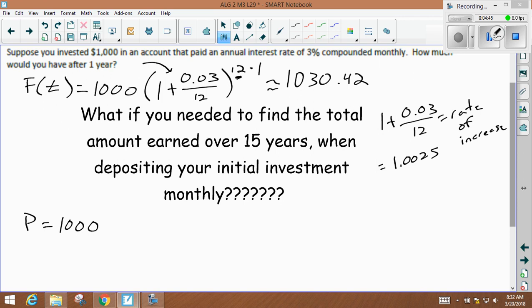After the first month, I get $1,000 times my rate of increase, right? So there's month 1. I got my $1,000, and the second term is the amount of money that gets added to my money for month 1, right?